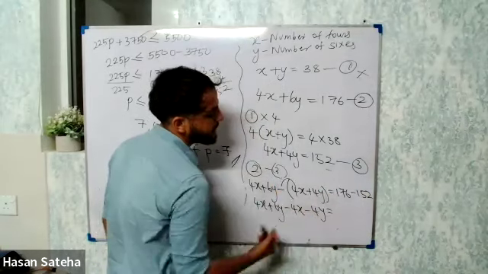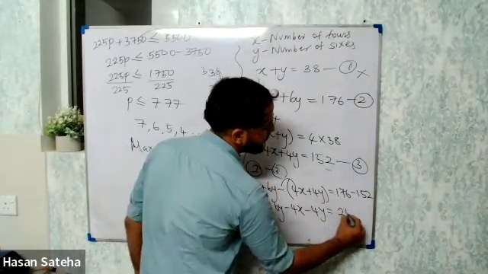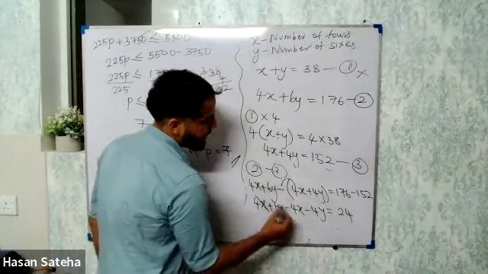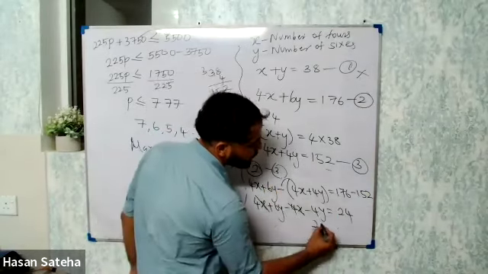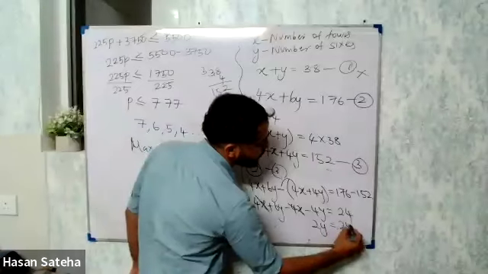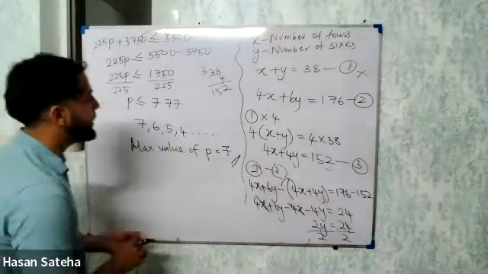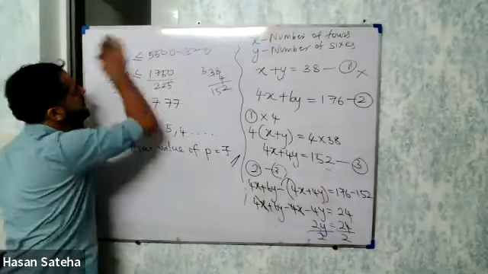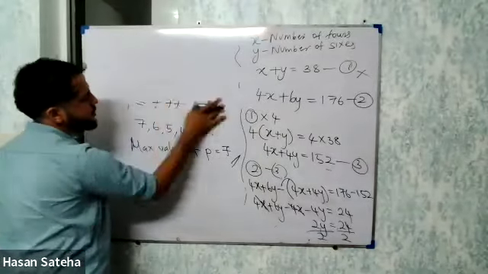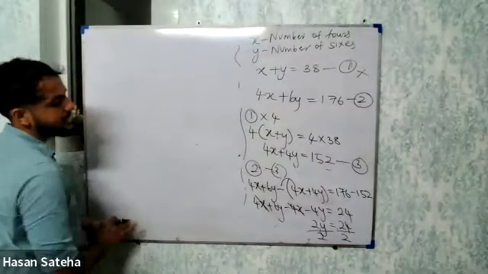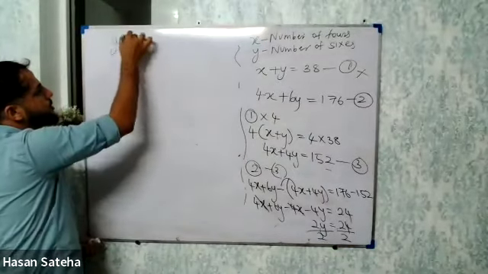Now do the subtraction, you will get 24. 4x minus 4x removed, you have 2y, 2y is equal to 24, divide by 2, 24 divided by 2 is 12. So y is equal to 12.